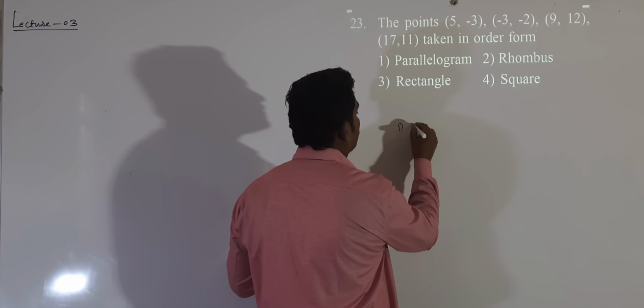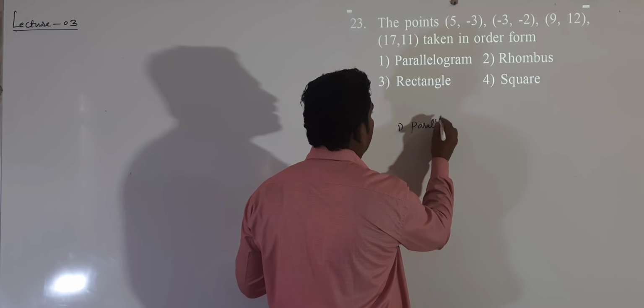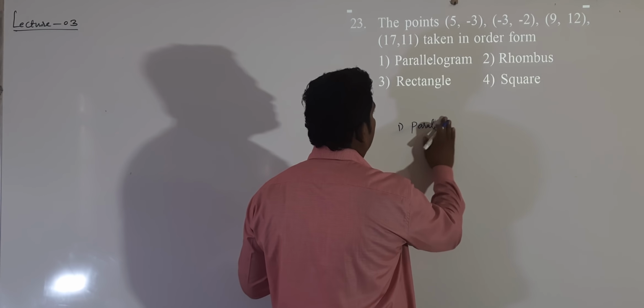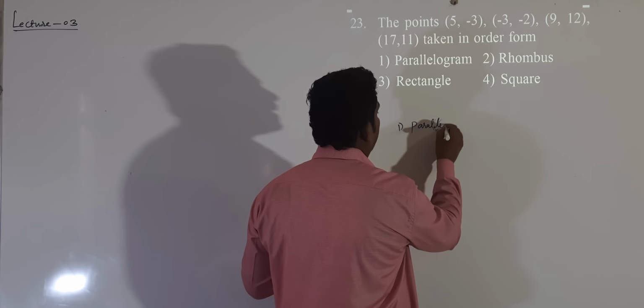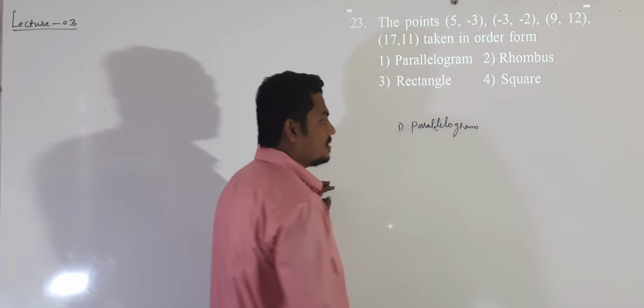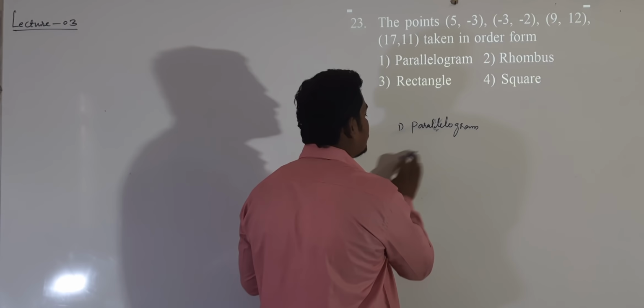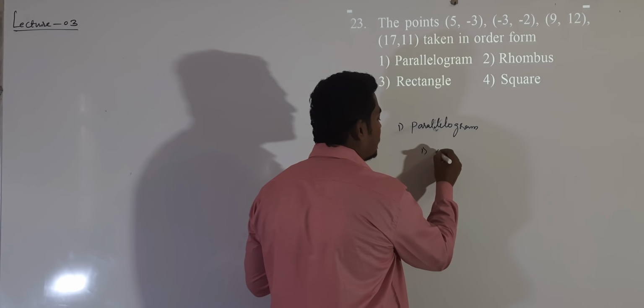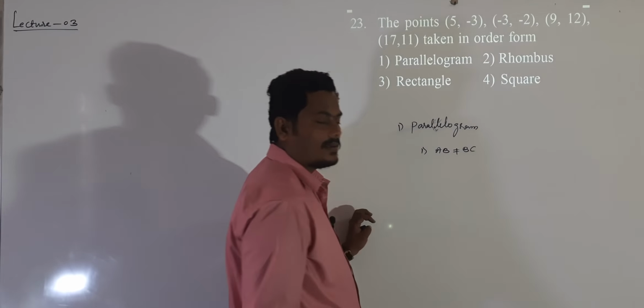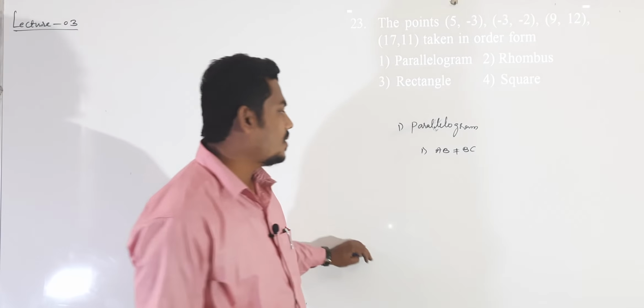Parallelogram. Parallelogram condition, adjacent sides are unequal. First condition, AB is not equal to BC. Adjacent sides are unequal.